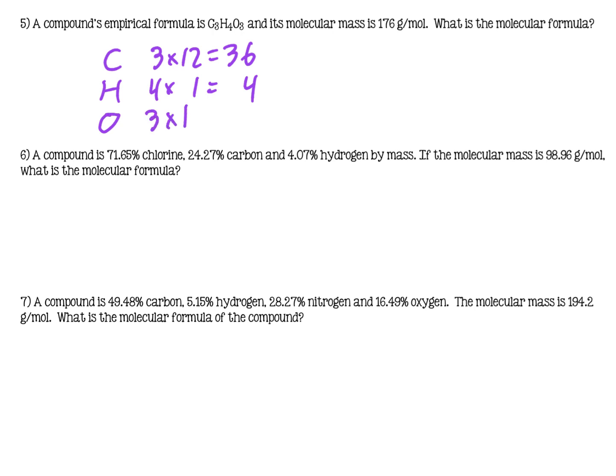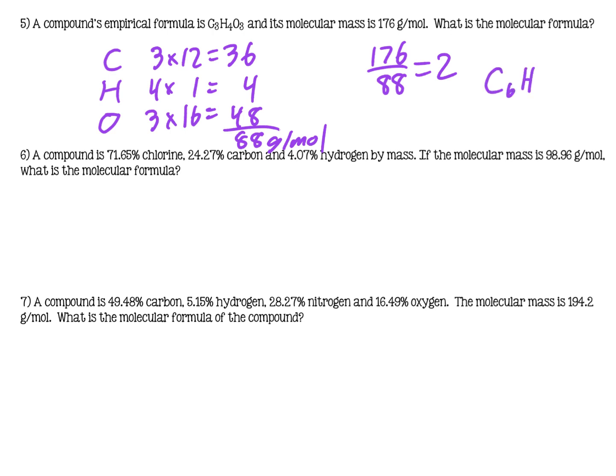And we have 3 oxygens, each with a mass of 16 for a total of 48. When we add all of these together, we actually get 88 as our empirical formula's mass. We then divide 176 by 88 for a quotient of 2. This means that every subscript in the empirical formula needs to be multiplied by 2 to get the molecular formula. The molecular formula of this compound is C6H8O6.